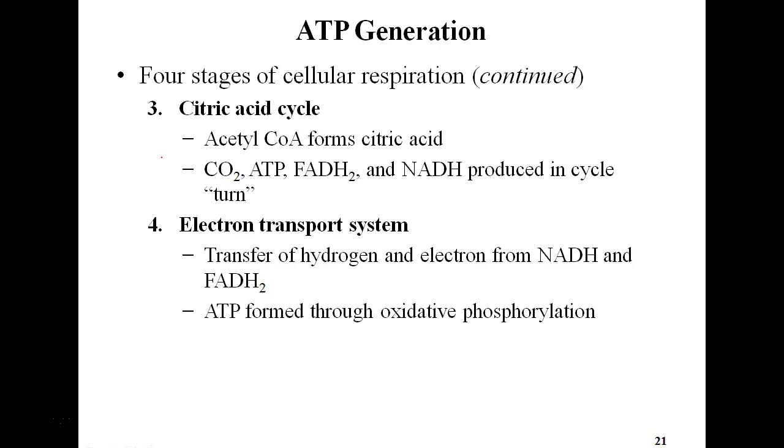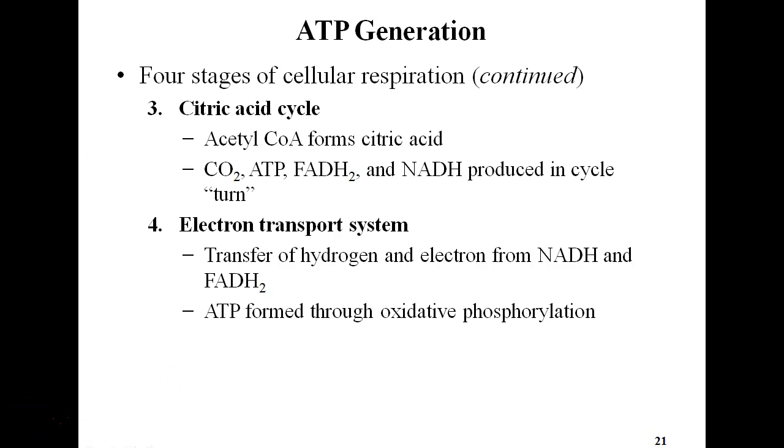And that, again, is going to be the breakdown of acetyl coenzyme A. We're going to get a net amount of 1 ATP produced, 3 NADH molecules, and 1 FADH2 molecule. In addition, carbon dioxide is a byproduct of this reaction.